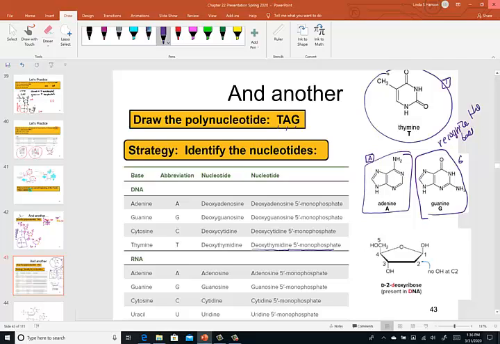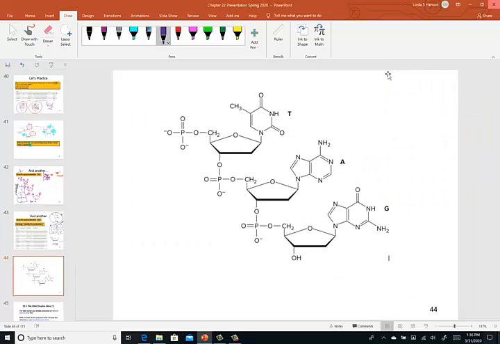And I mentioned we knew that it had to be in a DNA molecule because thymine is unique to DNA. That's how I knew to draw the sugar. And when we put the whole thing together, this is what the final structure looked like. So pause and draw in with ample detail the following.